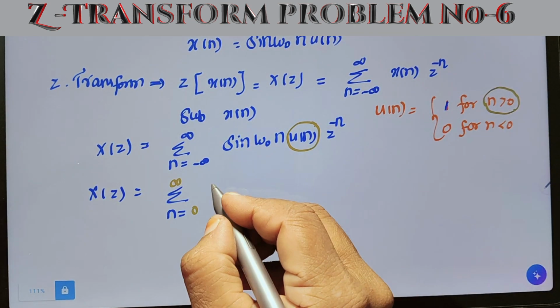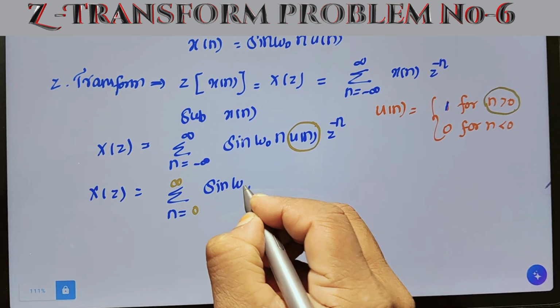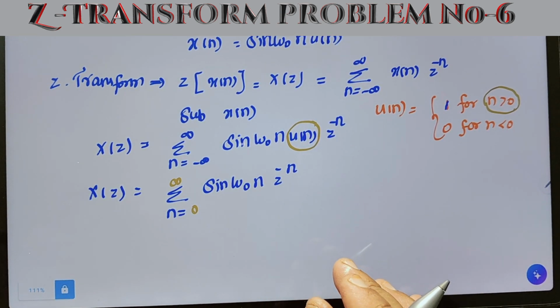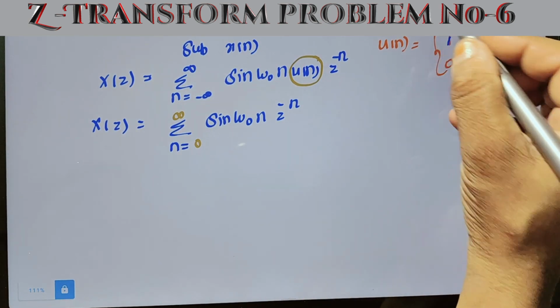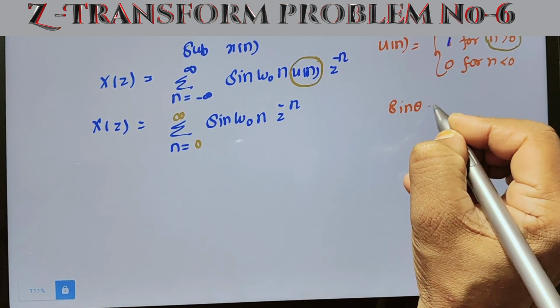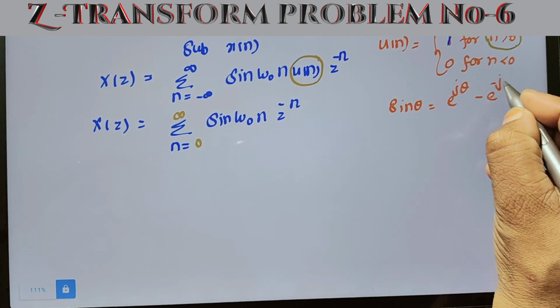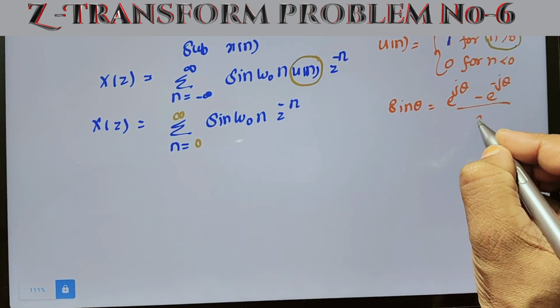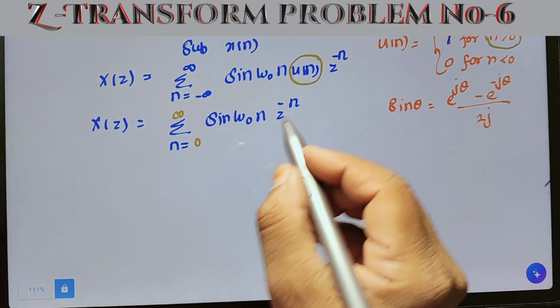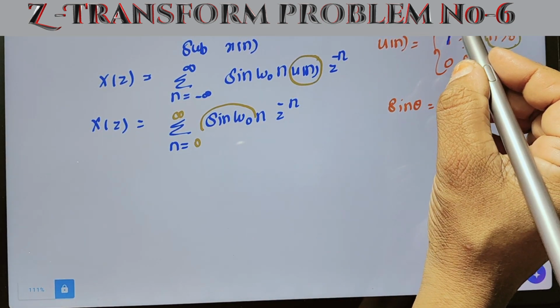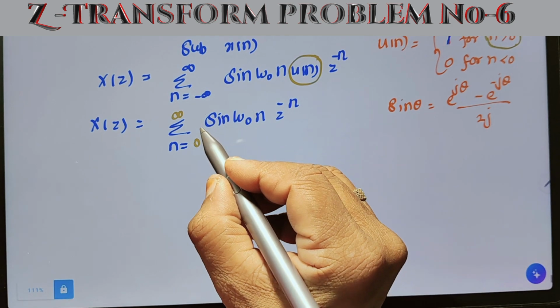Next, sine omega naught n into z power minus n. We know the sine term: sine theta equal to e power j theta minus e power minus j theta divided by 2j. Likewise, expand the whole sine term.